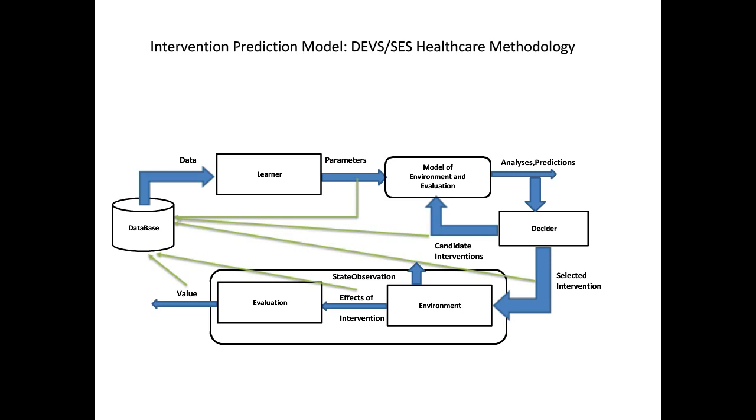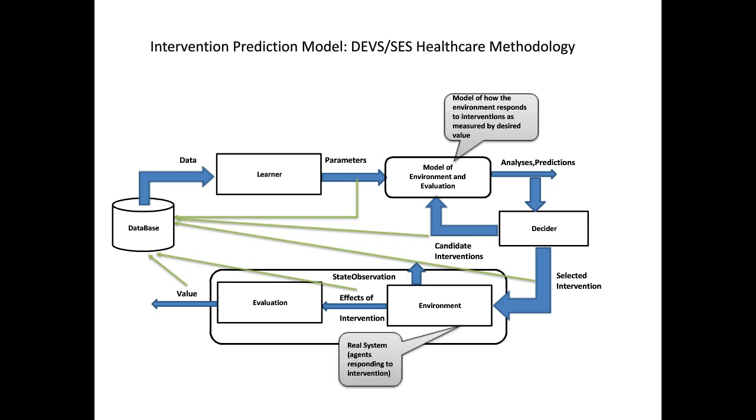I'll go through this where the model is of the environment and how the interventions that one may be taking at the system level to try and prevent the spread, say, of a disease may be happening. And then there's the real system, which is modeling the actual people involved and so on.